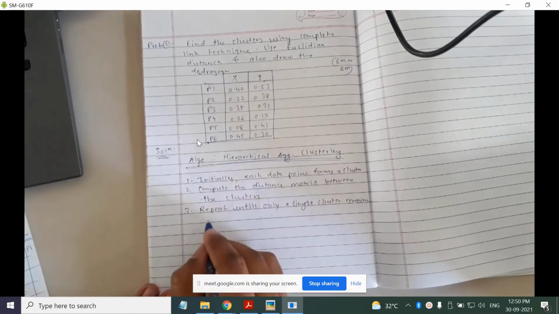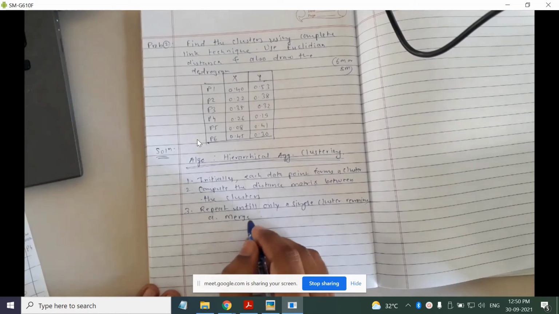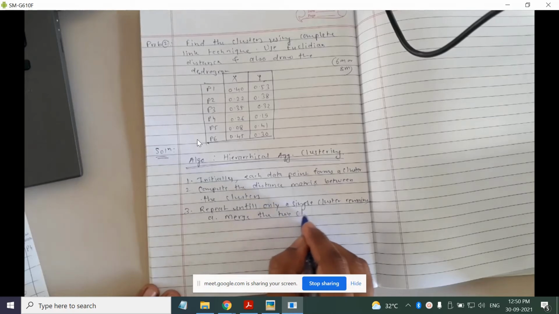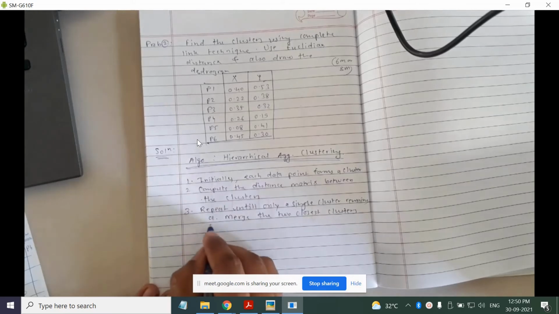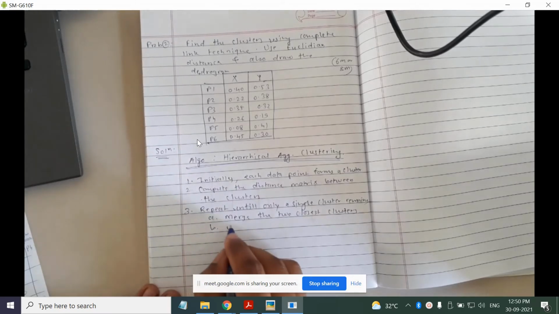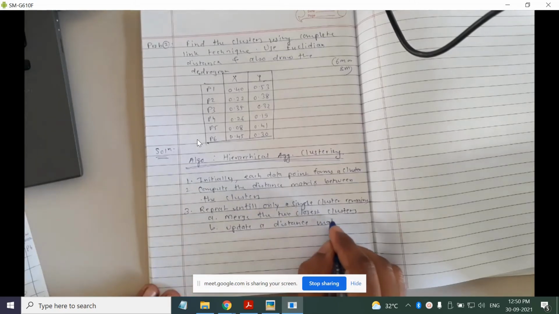The steps to repeat: merge the two closest clusters and update the distance matrix. So this is our algorithm.